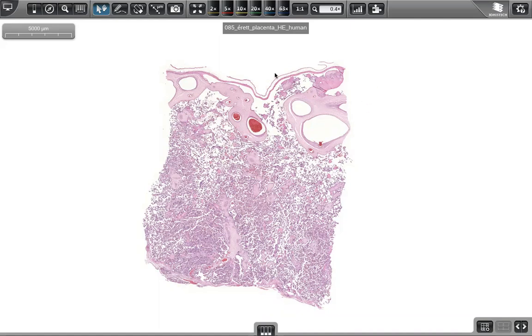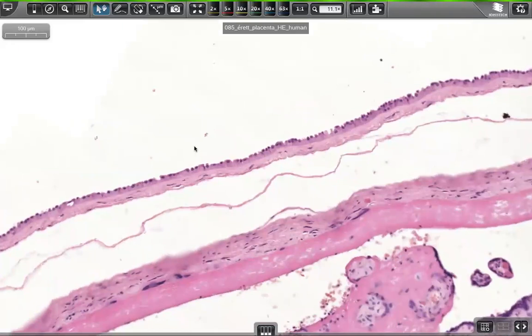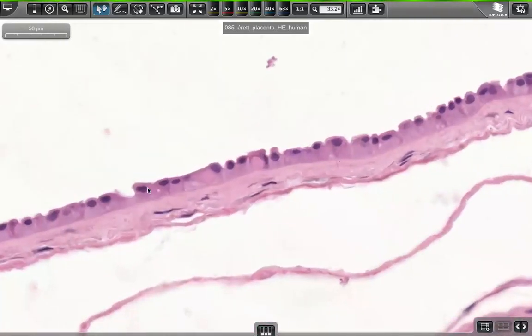Now let's see the surface, the fetal surface. First, we can find a simple cuboidal covering epithelium. So they are eventually a special covering, what we have seen on the surface of the umbilical cord, the amniotic layer.